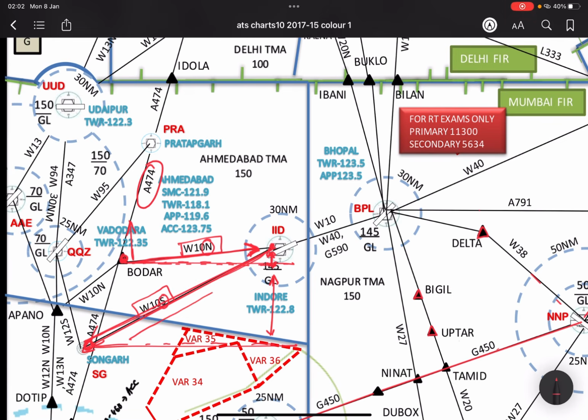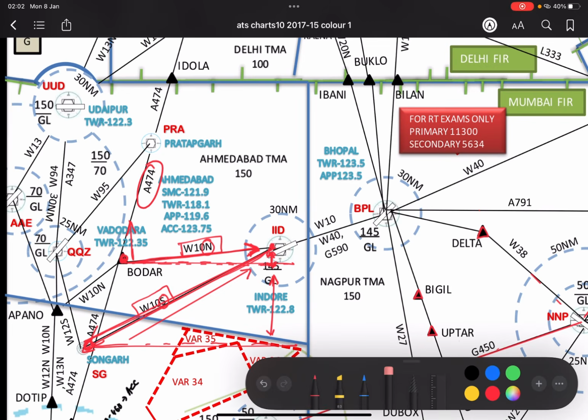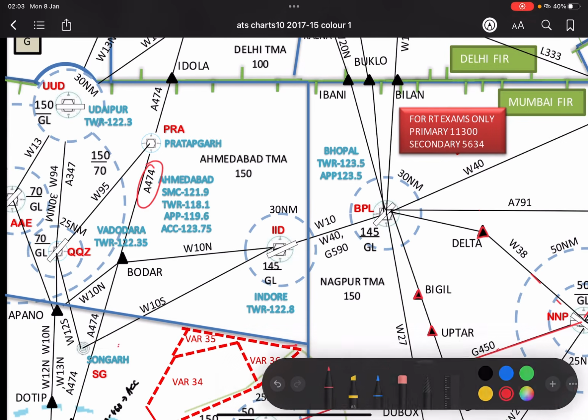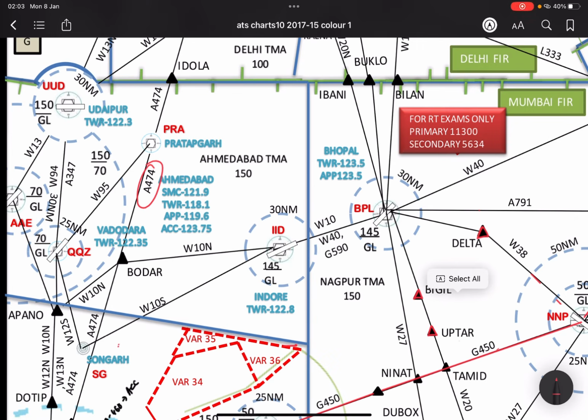I cannot fly from Songarh to Indore on Whiskey 10 South. So these are directional routes, we cannot use them the other way. Whiskey 10 North can only be used if the traffic is going roughly to the north. Whiskey 10 South can be used only if we are going roughly to the south. I hope that makes sense.